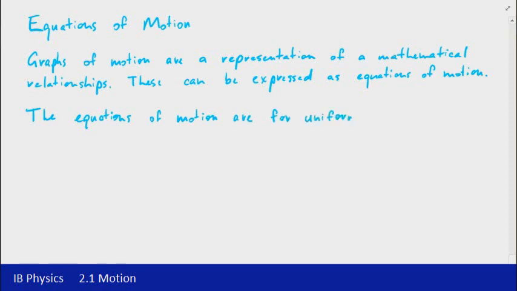So by that, what we mean is that the value of the acceleration will be constant. In other words, the value of a is going to be equal to a constant. So it's not going to vary across the motion that we're interested in.